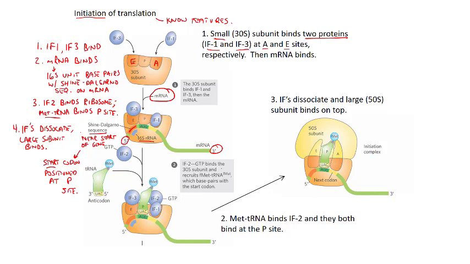We've got our mRNA with the start codon at the P site. In the P site on the large subunit side, we have a methionine tRNA, and we have empty A and E sites. Now we're ready to begin translation. And so now we start translating.